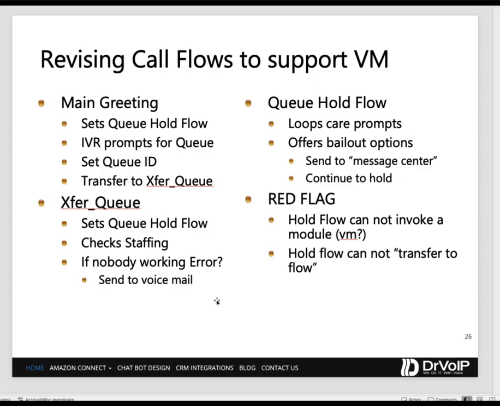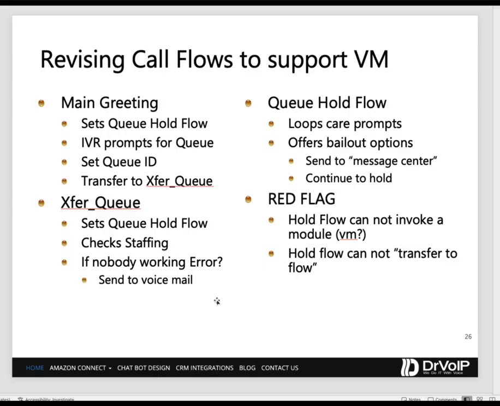And now we'll go back in there and upgrade that configuration to include voicemail. As you recall, we have a main greeting. That main greeting sets the queue hold flow, and I would remind you that the queue hold flow describes the experience the caller will have while awaiting connection to an agent.